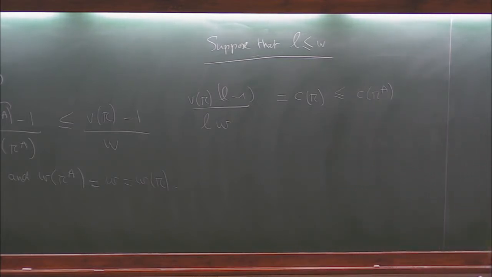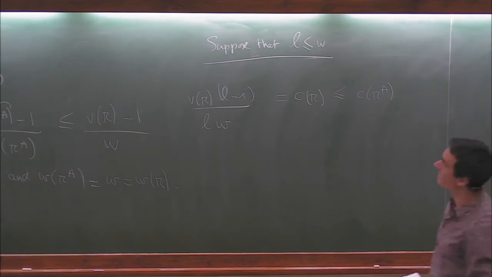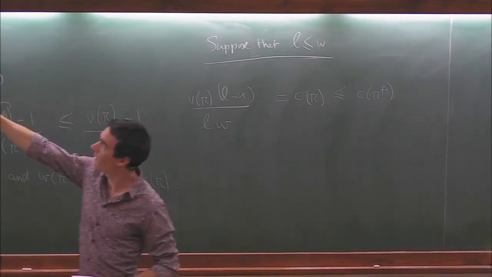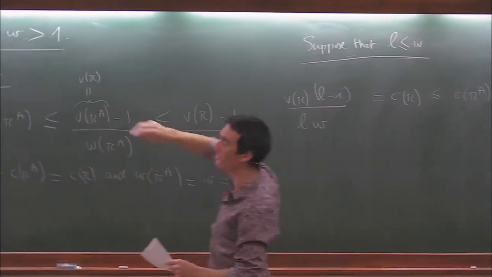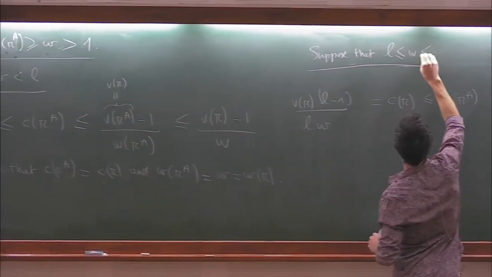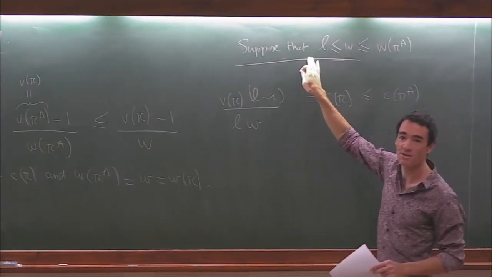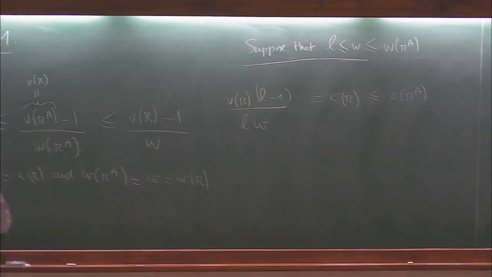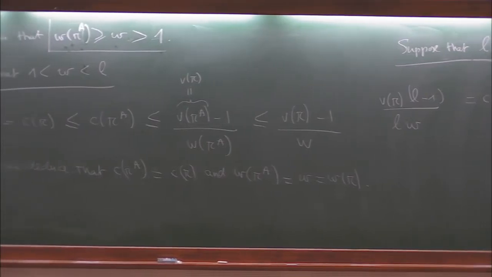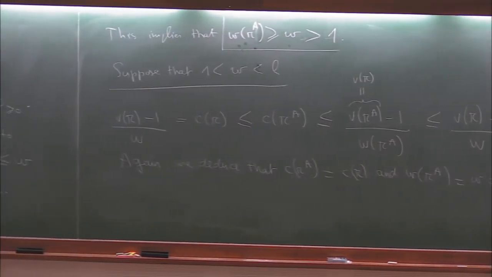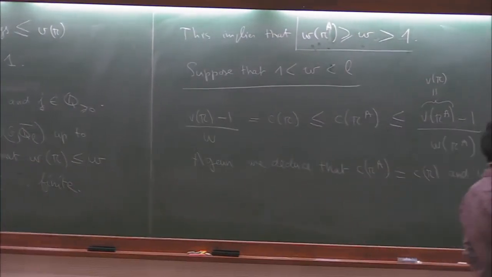And we know that W of A is always larger than W. So in particular, W of A is larger than L. So in this theorem, we must be in the last case. So we have the following equality.